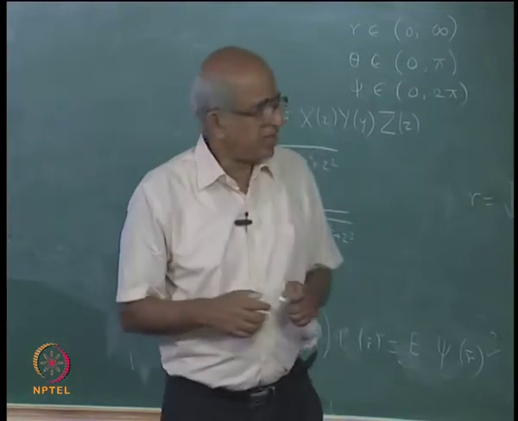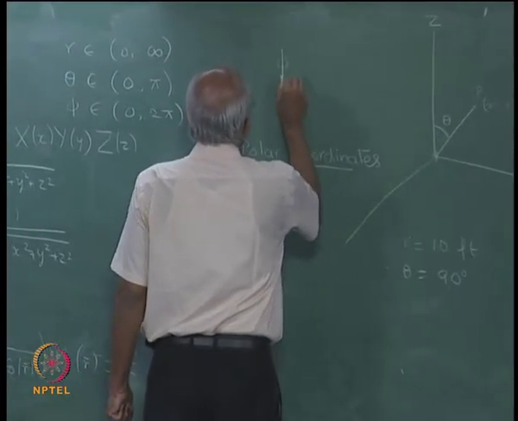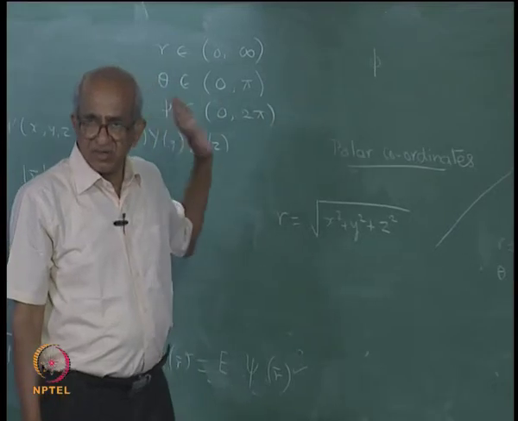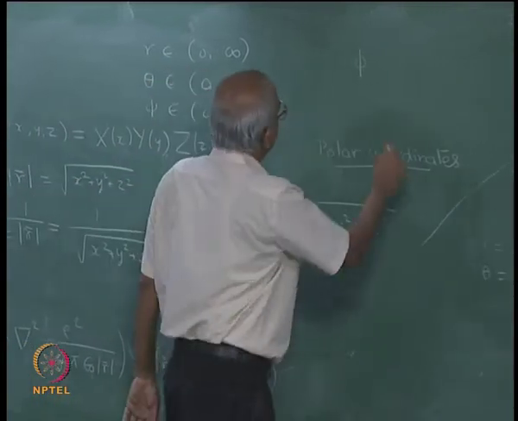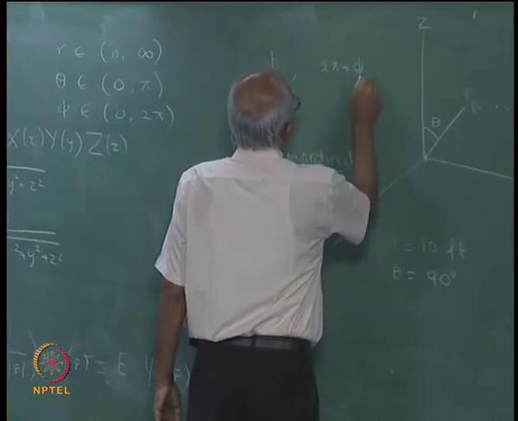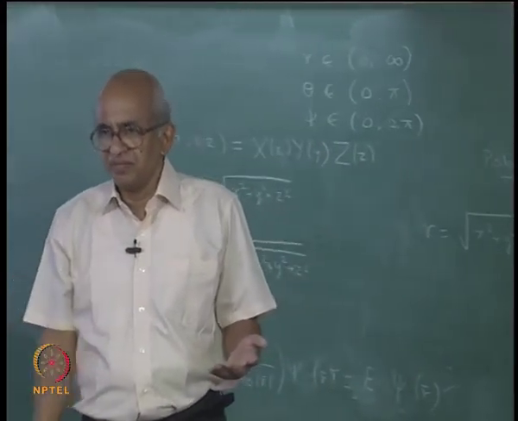So I could have said that the value of phi for me here is 45 degrees, or equivalently I could have said that it is 405. The point that I am trying to convey is that a particular point which has a phi coordinate equal to something which we denote as phi, it is equally well to say that its coordinate is 2 pi plus phi.